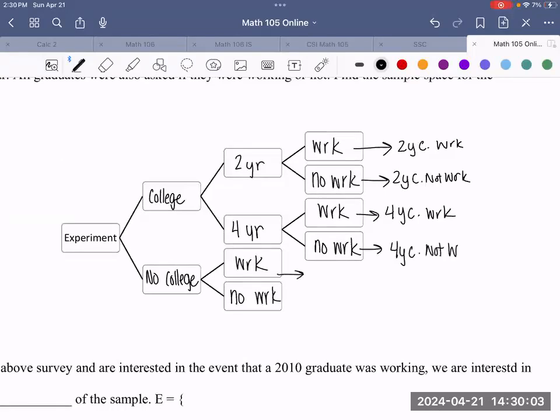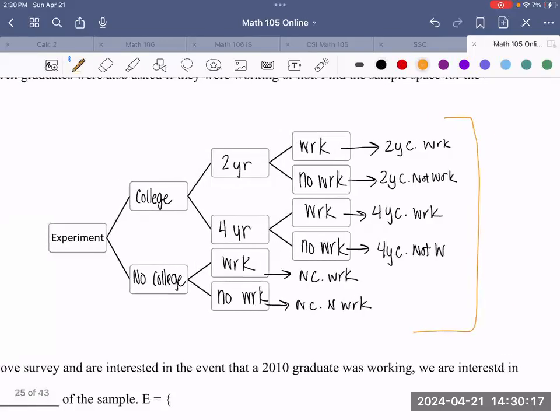You could also not have gone to college, but still work. And no college and no work. So this would be your sample space. All of the different ways that we could have possible outcomes.